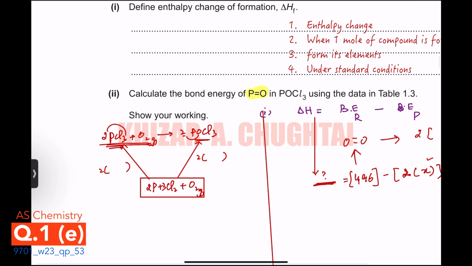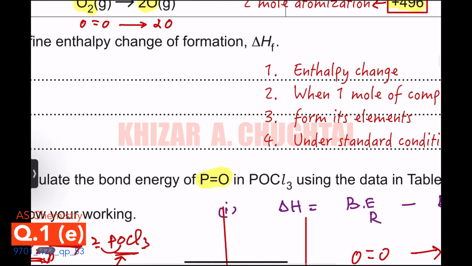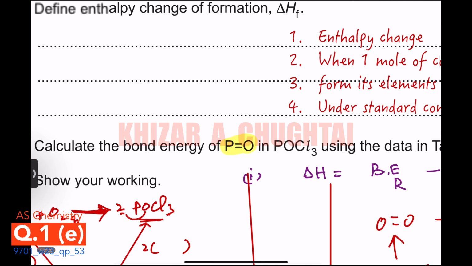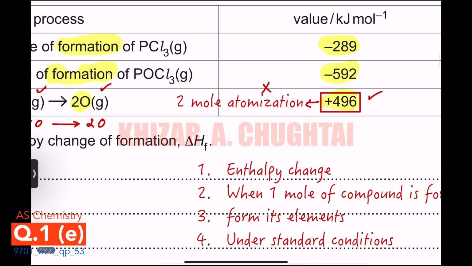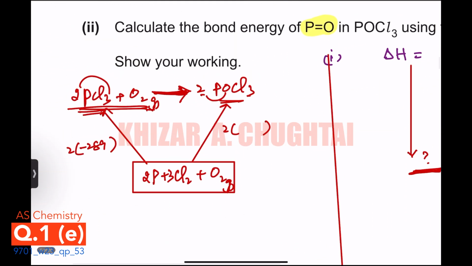After putting these values, I can find the overall enthalpy change of the major reaction. So enthalpy changes: PCl3 minus 289, minus 289, and its answer is minus 592, minus 592, and here this is the missing enthalpy.